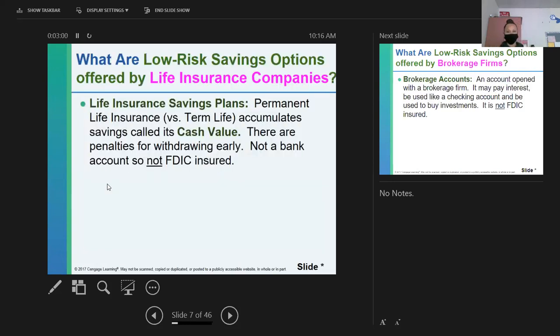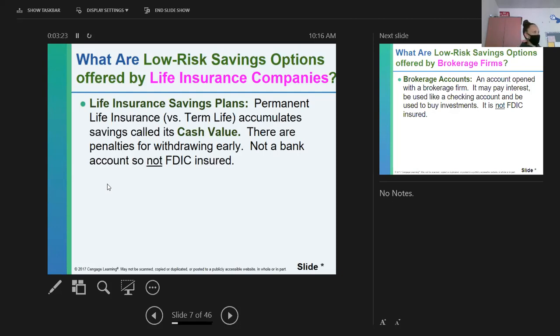Life insurance savings plans. So there is permanent life insurance, which is different than term life insurance. Permanent life insurance can accumulate savings called its cash value. There are penalties for withdrawing early. It's not a bank account, so it's not FDIC insured.